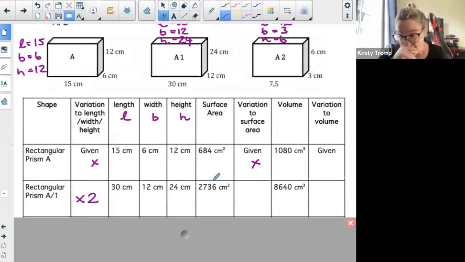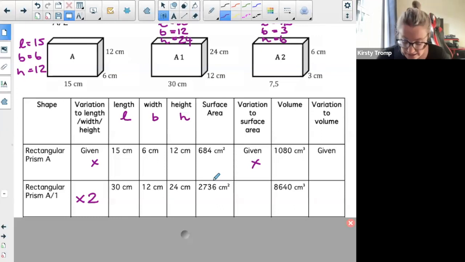If we take 684, which was the surface area, and we times that by 2, it's not going to give us 1,368, is it? What will it give us?